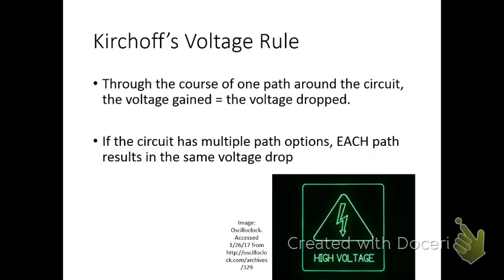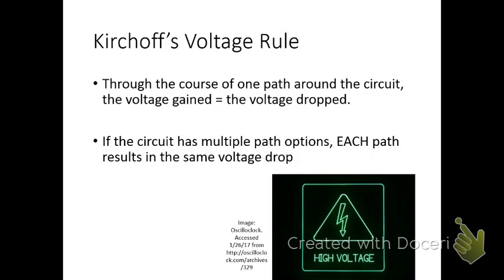Speaking of voltage drop, you need to know the voltage rule. Now, through the course of one single path around the circuit, the voltage gained from the battery equals the voltage dropped. Notice, for circuits that have parallel components to it, one path around the circuit does not hit every resistor. So do not assume for a given circuit that the total voltage dropped over each resistor equals the total voltage of the battery.